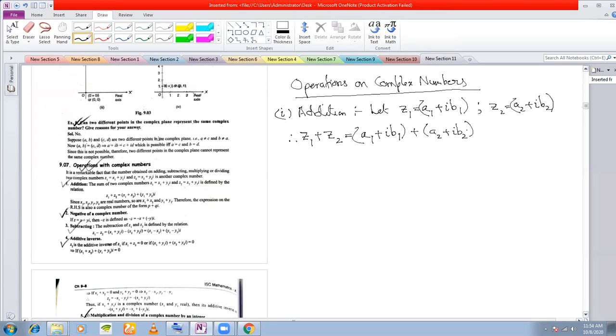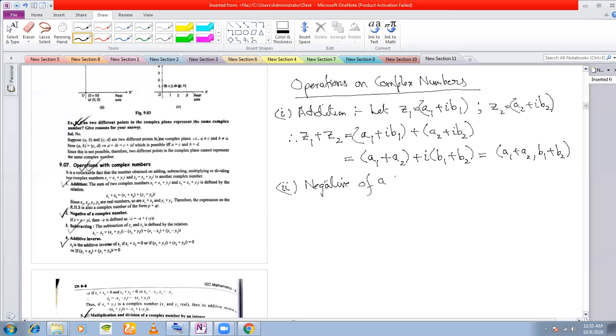You take the real parts together and the imaginary parts together. The real parts are a1 and a2, so a1 plus a2, and the imaginary parts b1 plus b2. So this is the addition of two complex numbers. Remember that this can also be written as the ordered pair (a1 + a2, b1 + b2).